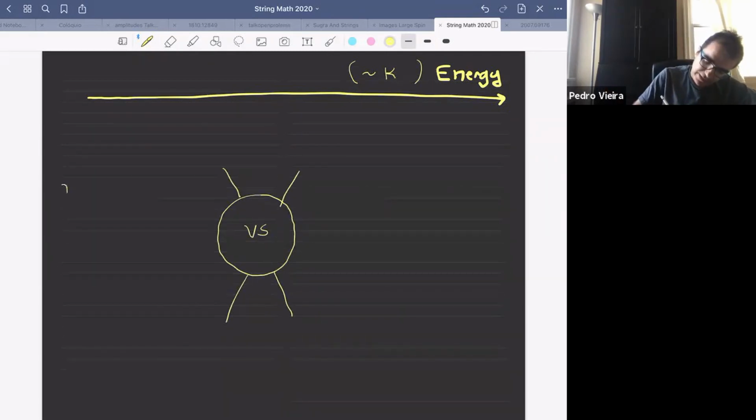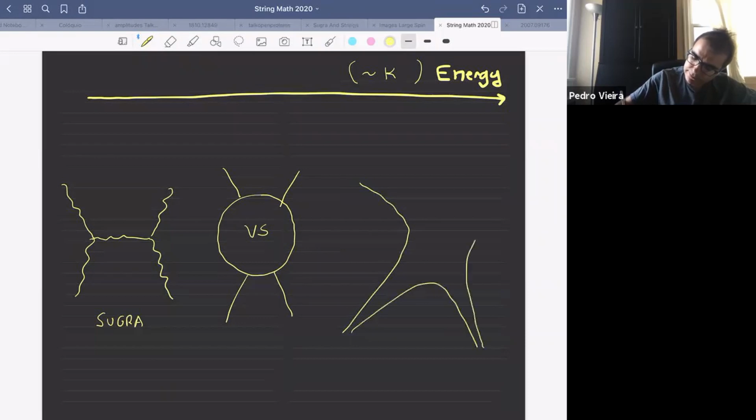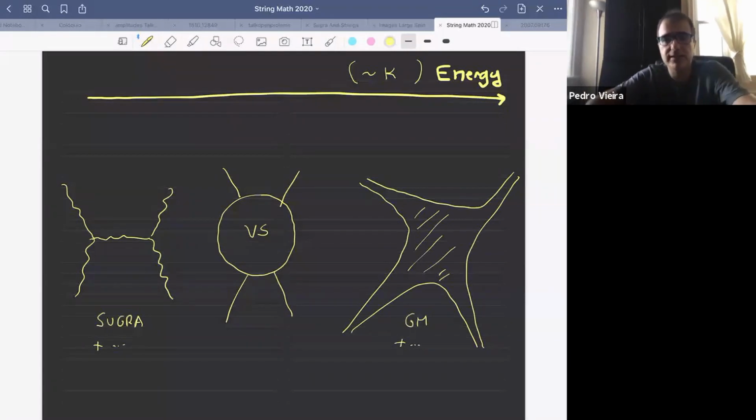And at low energies, the strings become effectively point-like, and we have low energy supergravity and corrections. Whereas at high energy, the strings open up and you have some big strings scattering with some big opening of the strings. And here you have Gross-Mende and its corrections. And there is a nice interpolation that we can understand in all possible ways because we have here an analytic expression.